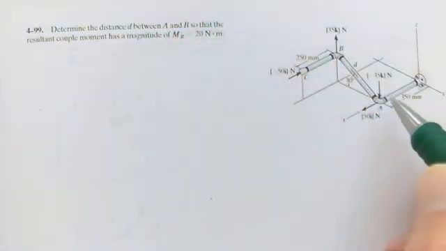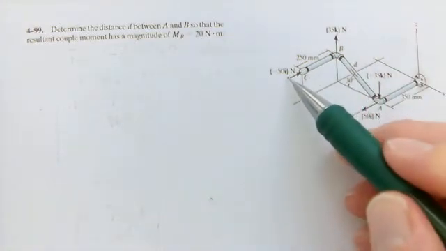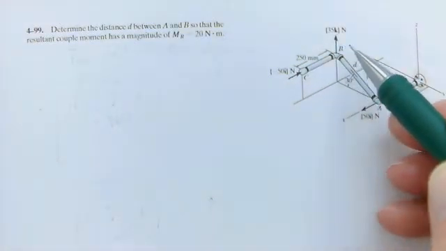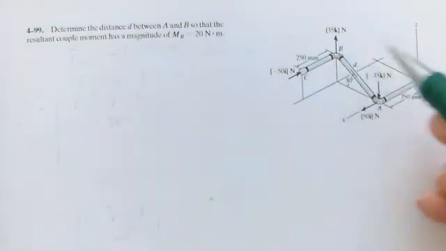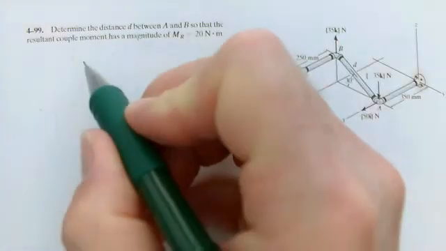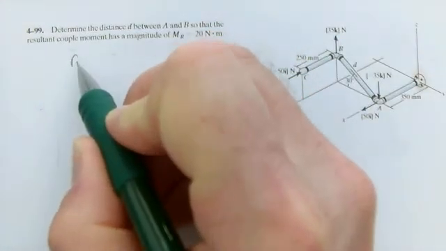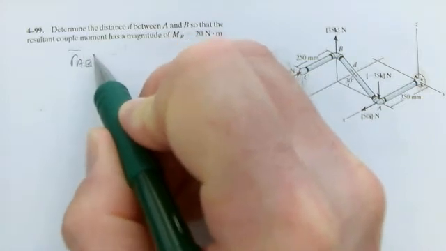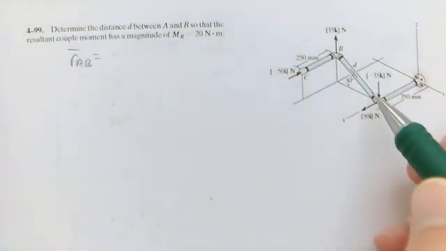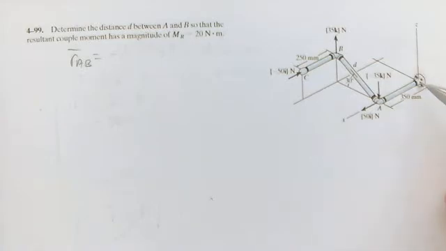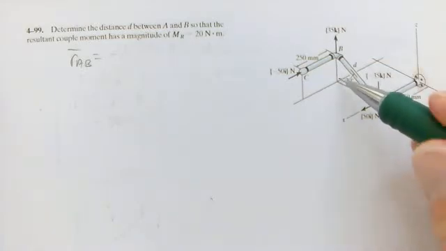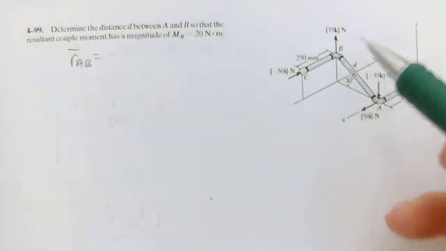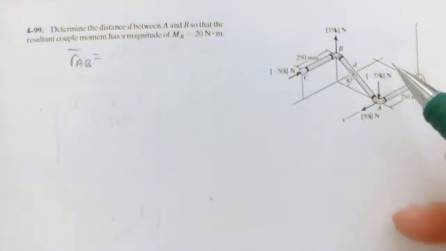So the first thing we need, both of them is going to use R AB, because this one, the moment that force goes through B, so the couple really is across here. So let's define RAB first. So RAB is equal to, in the y direction, it's negative, so it's negative y there, and it's going to be positive z, and it's not going to have any x.